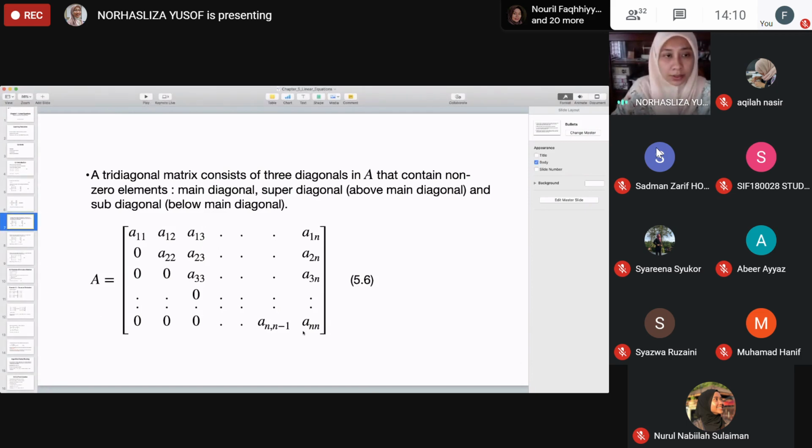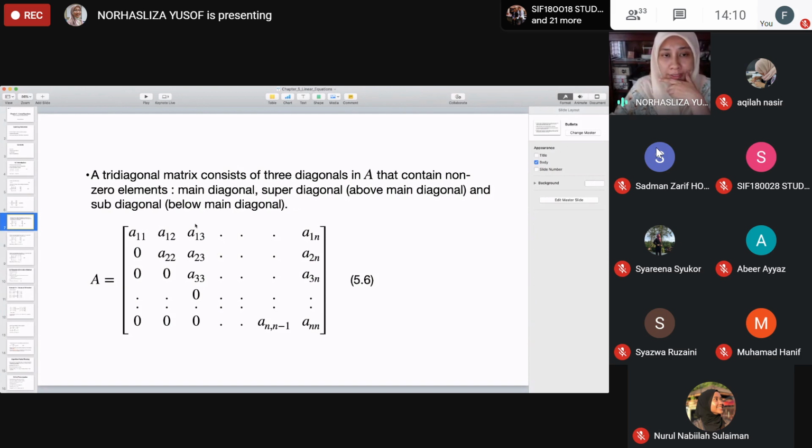Okay, so when we speak about square matrices, then we can transform our matrix A into what we call a tridiagonal matrix. Okay, so a tridiagonal matrix has 3 diagonals that contain non-zero elements, right?